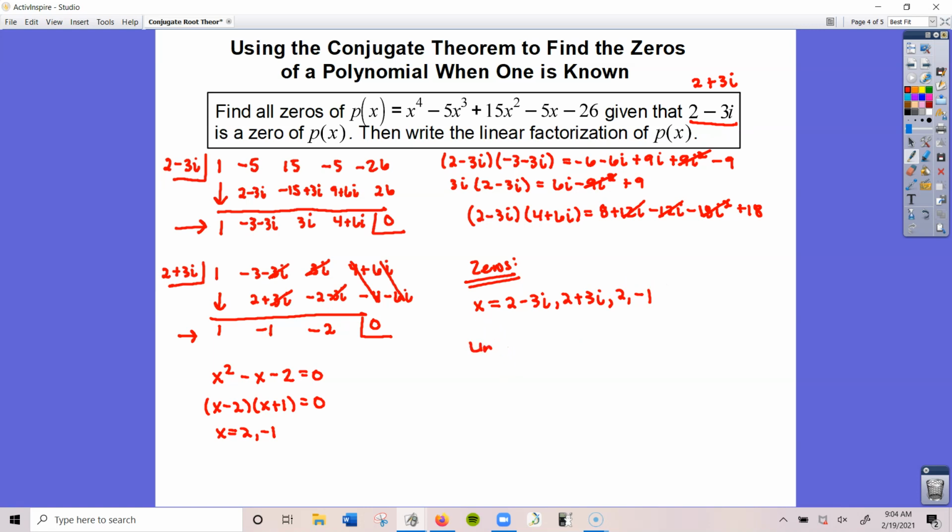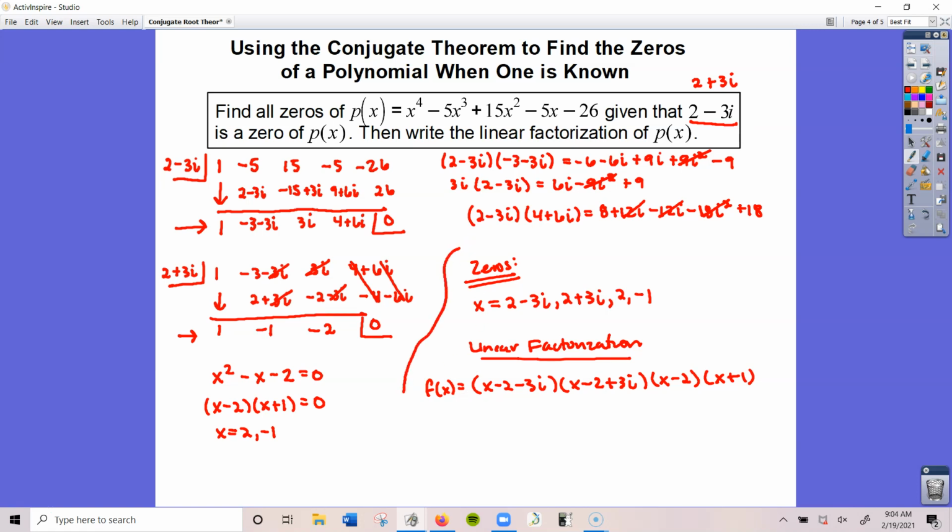Then the linear factorization would be x minus 2 minus 3i, x minus 2 plus 3i, x minus 2, x plus 1. And this is our function. So this is what I would be looking for, the zeros and the linear factorization.